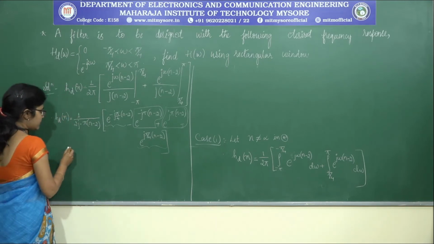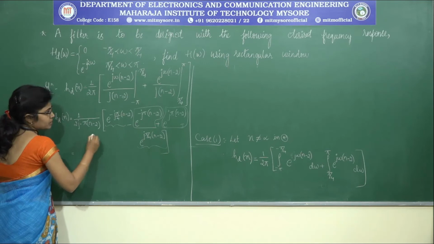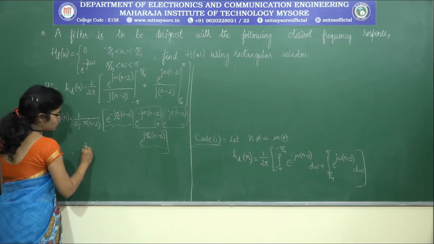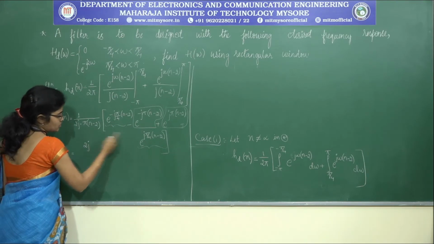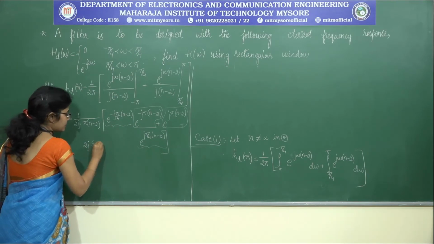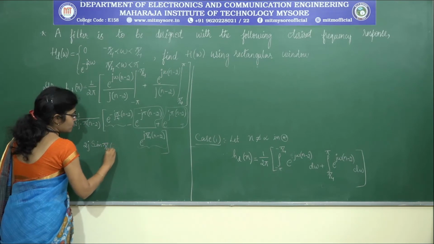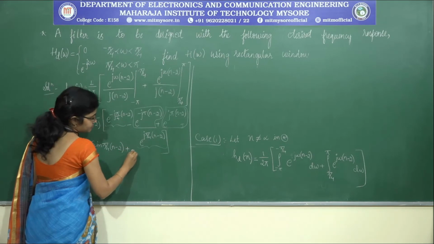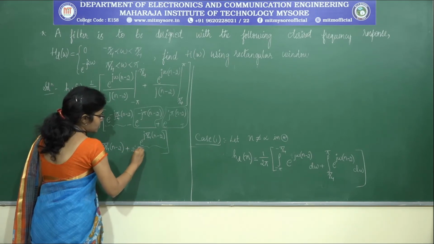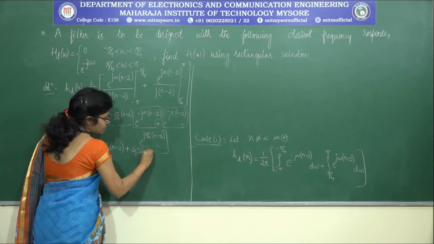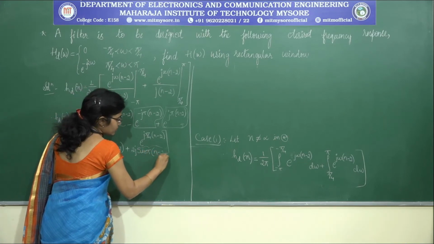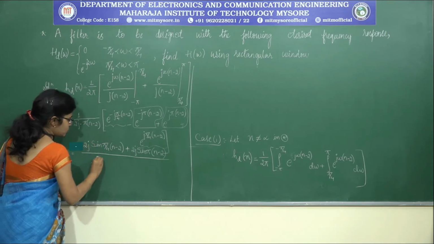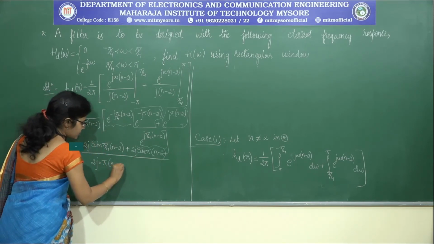Yes. So, if we rewrite this in terms of sine, that will be equal to 2j into the first pair, sine pi by 4 into n minus 2, plus 2j into sine, the second pair is pi into n minus 2, whole divided by 2j into pi into n minus 2.